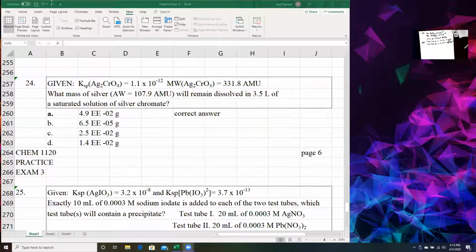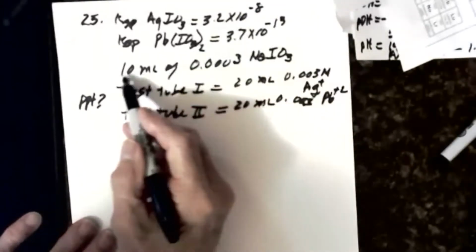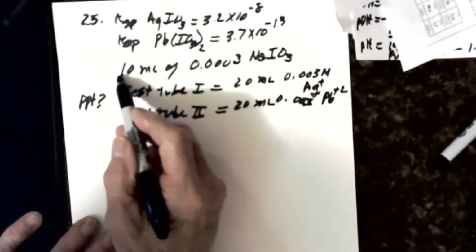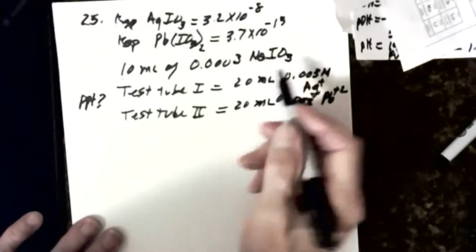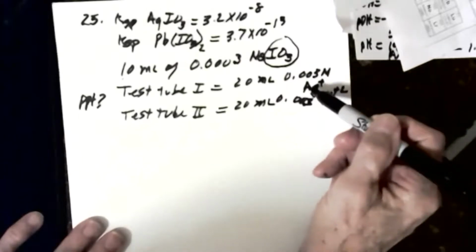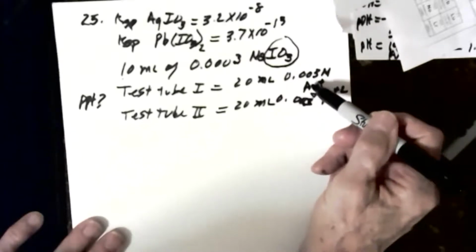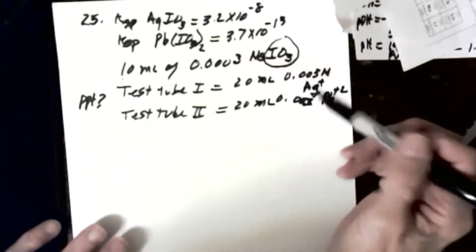So let's go back so you can see my pad, and we'll work through this. Okay, now, here's what I'm going to do. I'm going to add 10 milliliters of 0.0003 iodate, and that's going to give me iodate in each one of these 2 solutions. One's going to have silver ion, so am I going to precipitate silver iodate when I mix these or not?